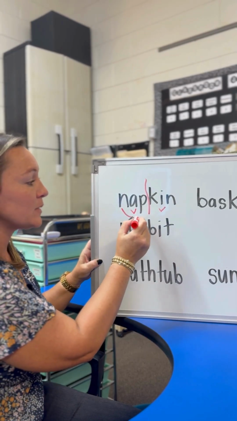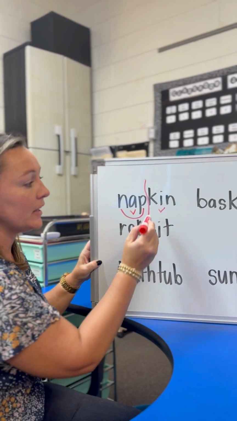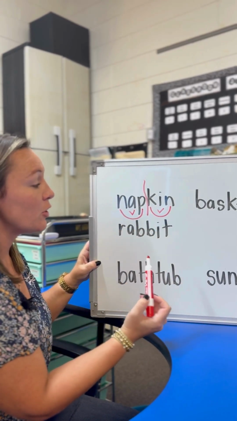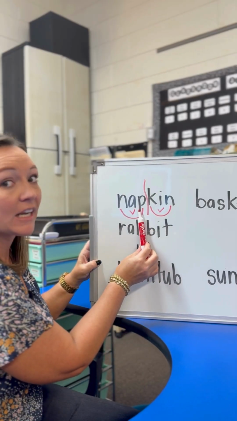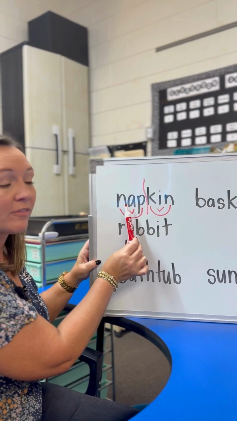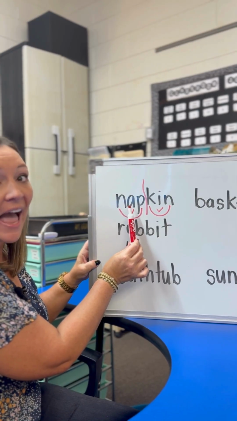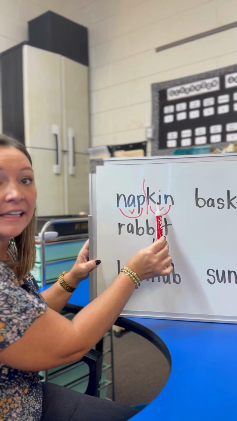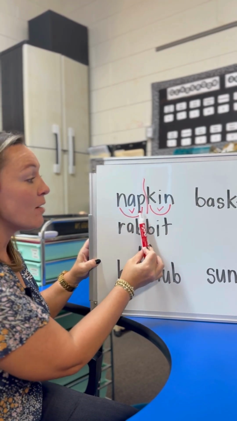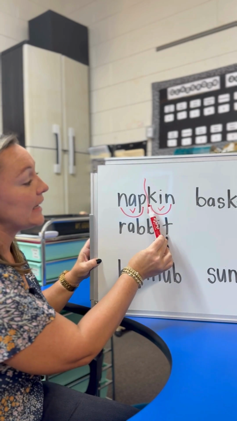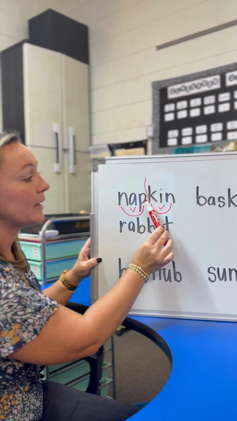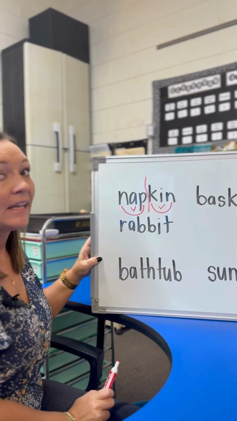Now we have the small chunk nap and the other small chunk kin. Those are closed syllables because they end in a consonant. Closed syllables also always make a short vowel sound. So this A is going to say ah, and this I is going to say ih. So now I can chunk this, and I can read nap, and I can read kin. I can put those two syllables together, napkin, and I have the whole word napkin.